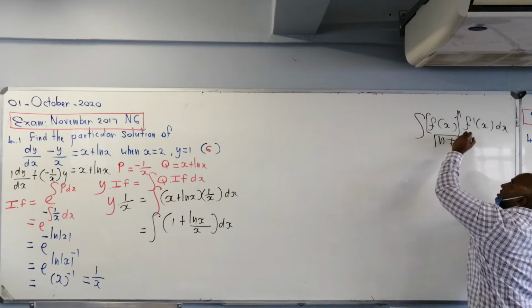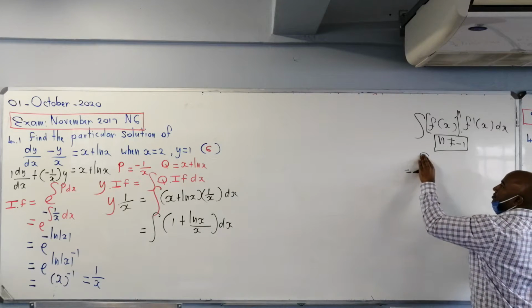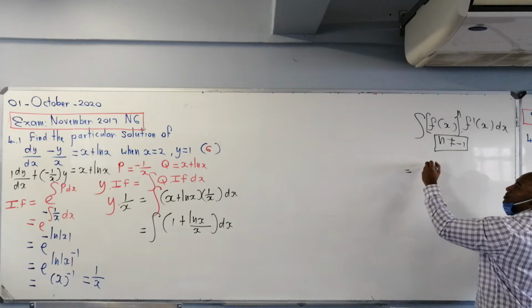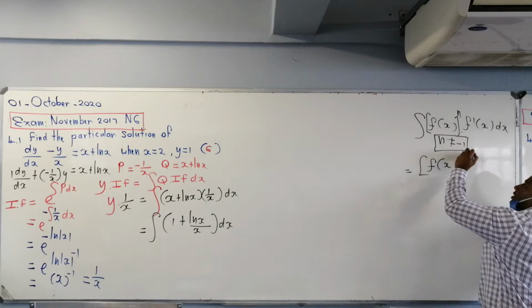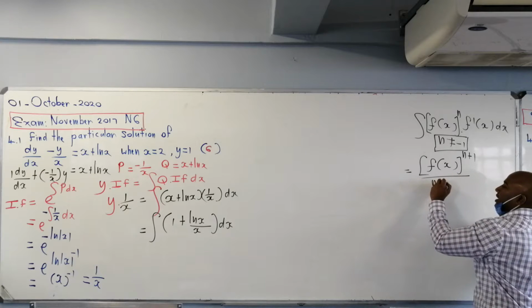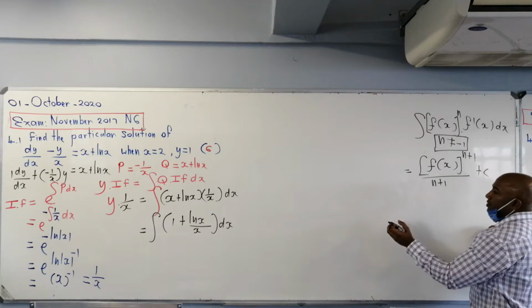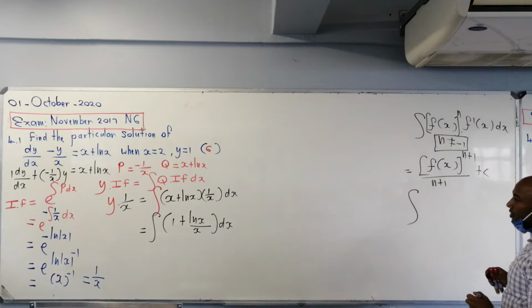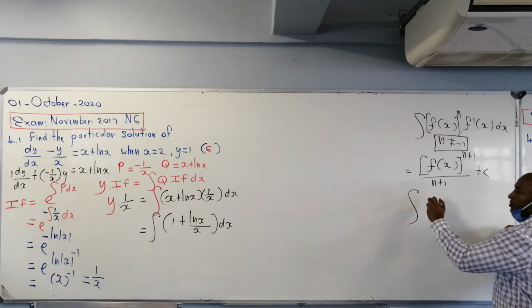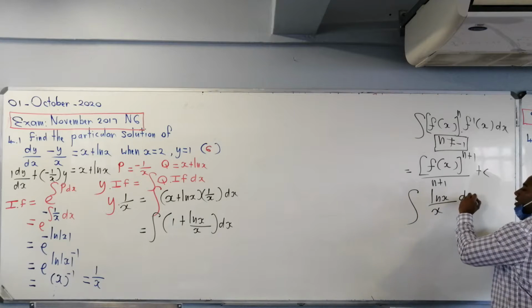If this is the situation, then the answer is always by inspection: f of x to the power n plus 1 all over n plus 1, plus c. So how is that possible here? We have the integral of ln x over x dx.